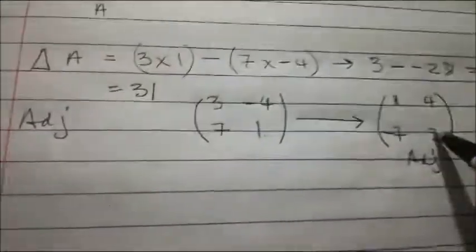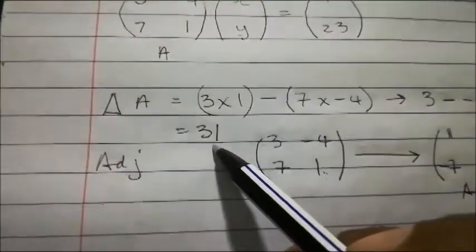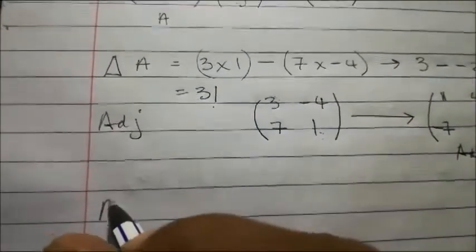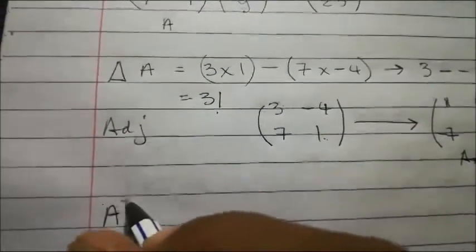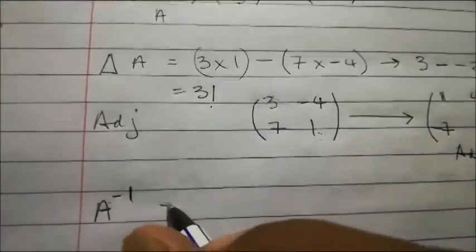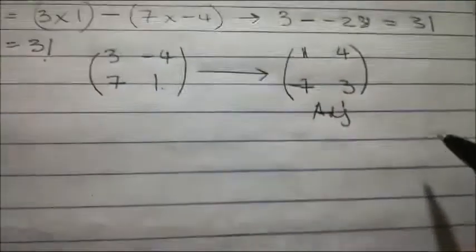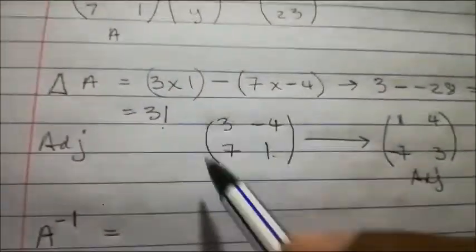Now that we have the adjoint and we have the determinant, to find the inverse, which is represented by the symbol A to the minus 1, we're going to divide this by this.